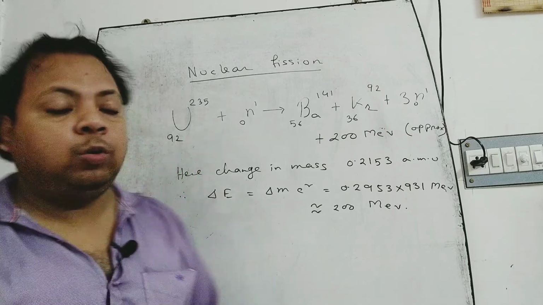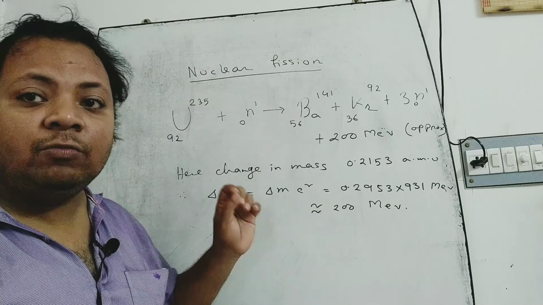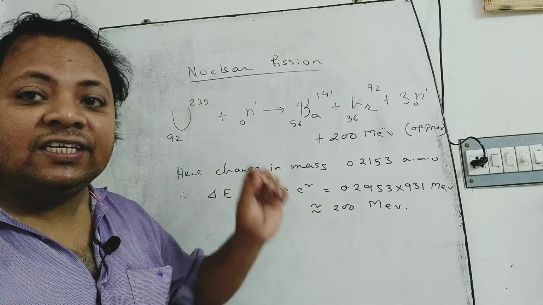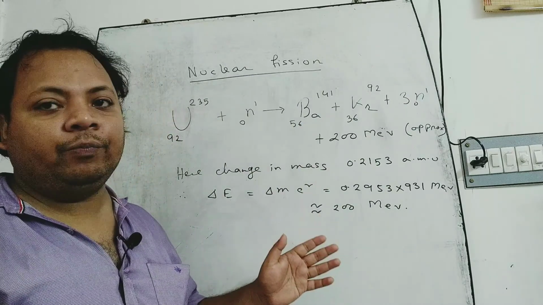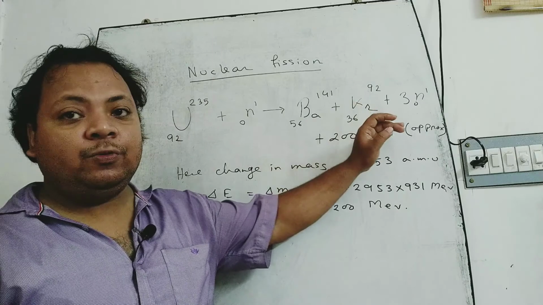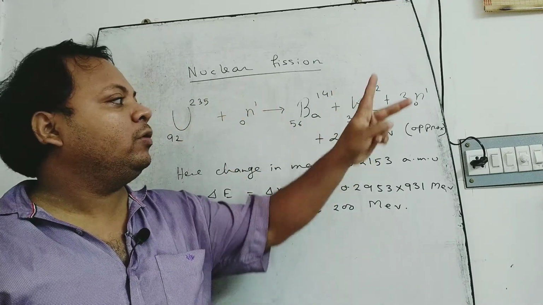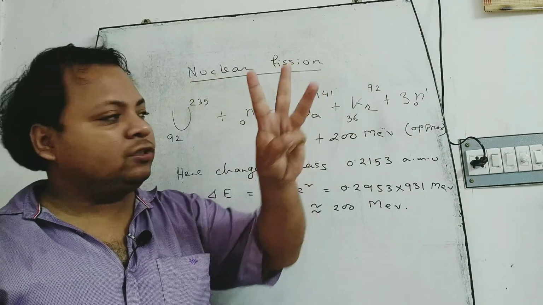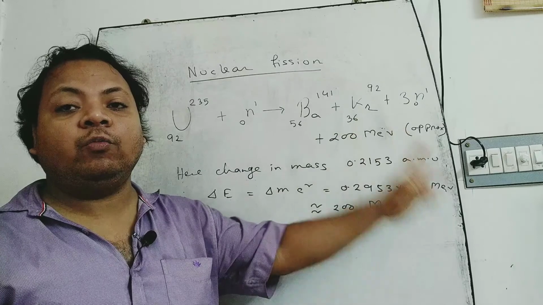When a heavy nucleus, that is uranium-235, is struck with a slow neutron, we get one barium atom, one krypton atom, 3 neutrons, and approximately 200 mega electron volts of energy.